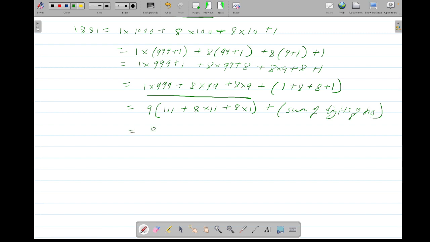So we can say the number is 9y plus some value x, where x is the sum of the digits of the number. If you carefully note, if x, which is the sum of the digits of a number, is divisible by 9, it can be written in the form of 9 times some number z.